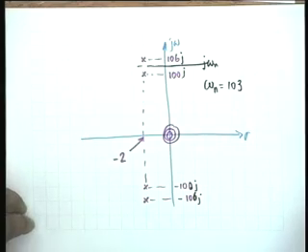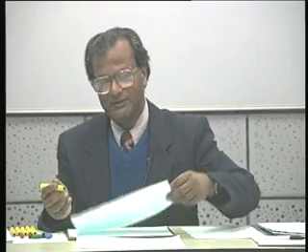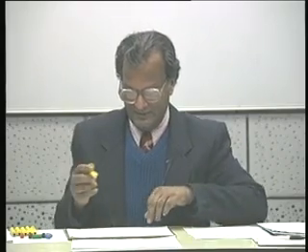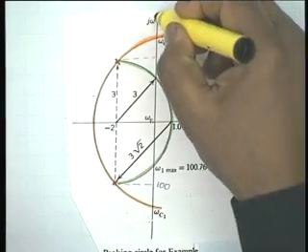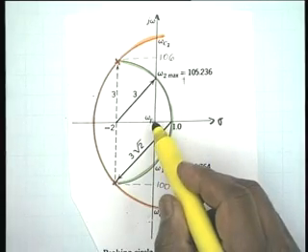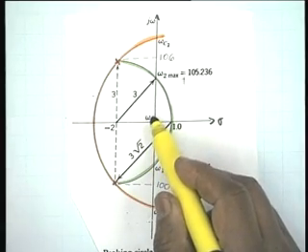That's obvious. If we want to find out the two frequencies of maxima, we will have to draw the peaking circle. The peaking circle has been drawn here. The green circle here is the peaking circle. Let me explain. This is the sigma axis, this is the j omega axis, and the intersection is now at omega n.